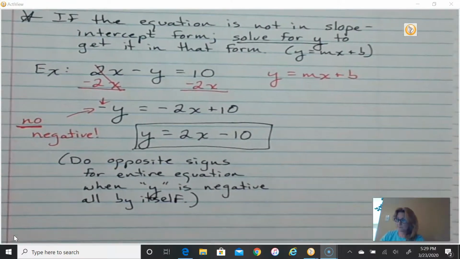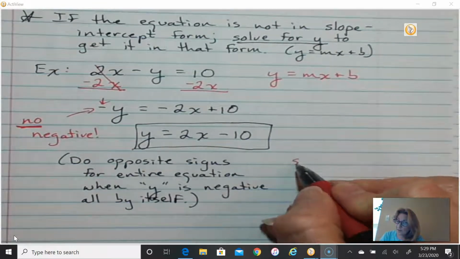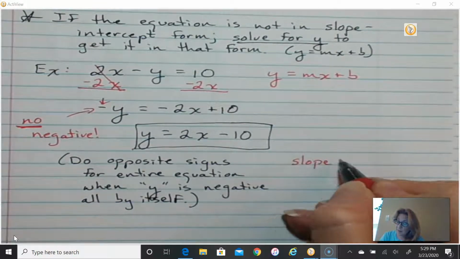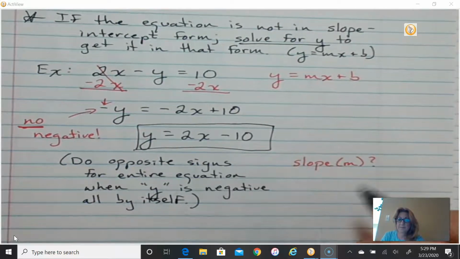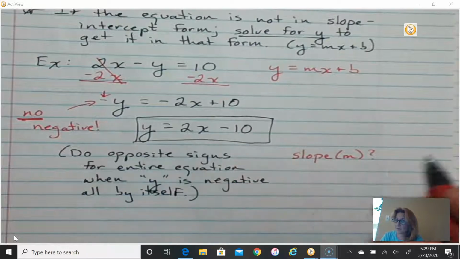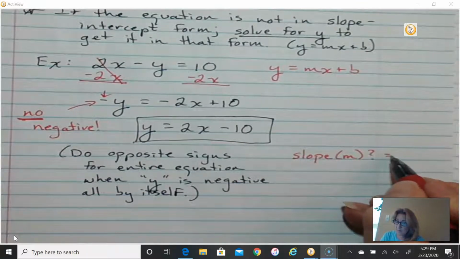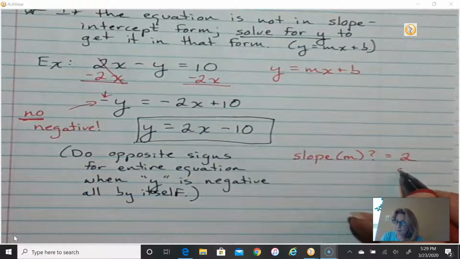Okay? Now, question. What is the slope? Think for a minute. What is the slope out of this equation? It's 2, or 2 over 1.